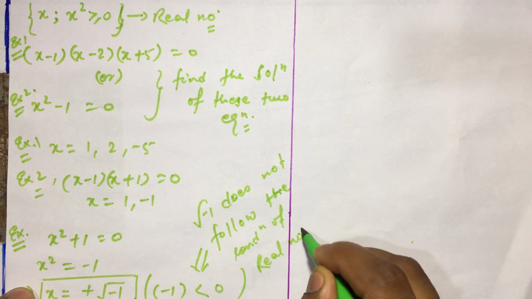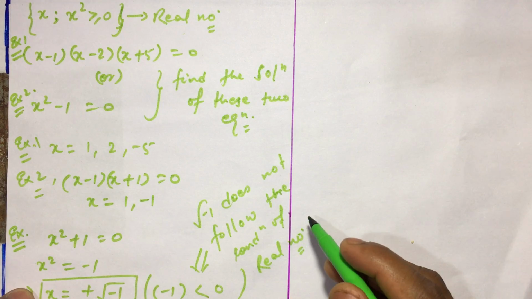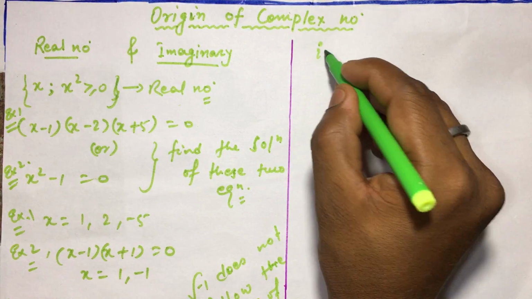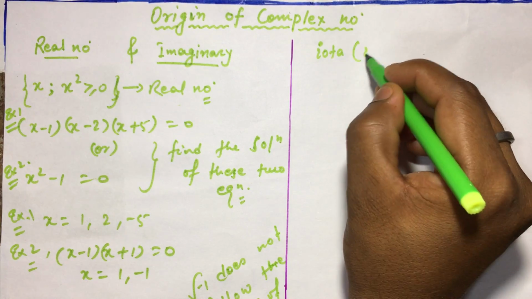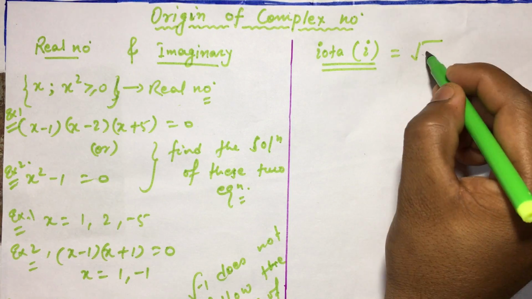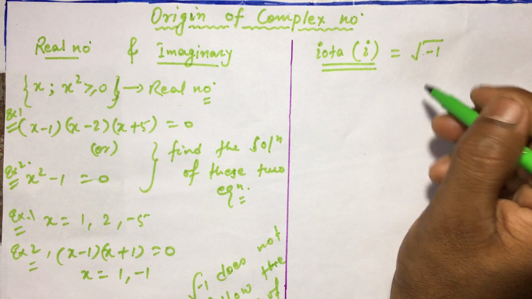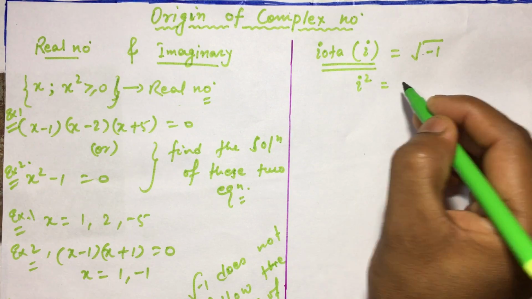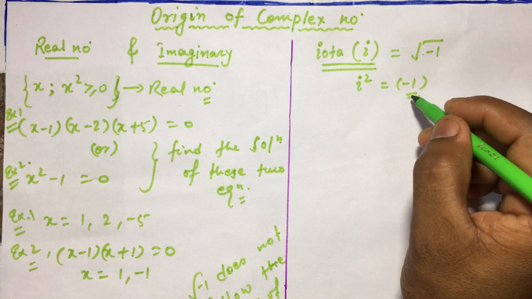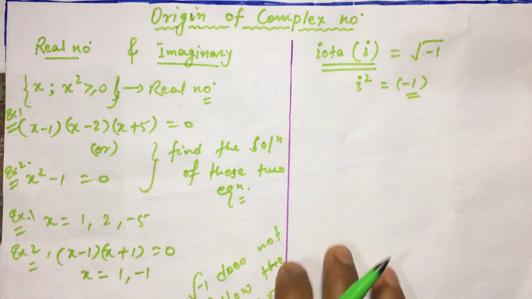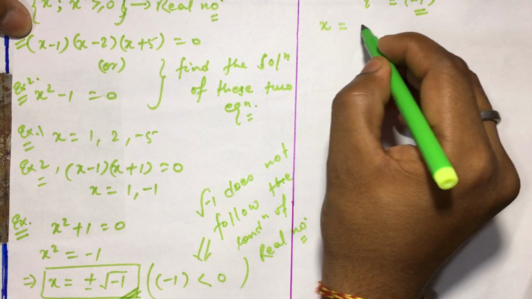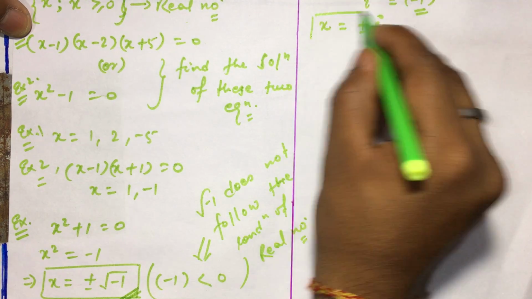Now the introduction of a new thing came, that is iota. It is denoted by the letter i and is given as root over minus 1, and therefore i square will be minus 1. So from the previous solution we can say that x is equal to plus minus i.